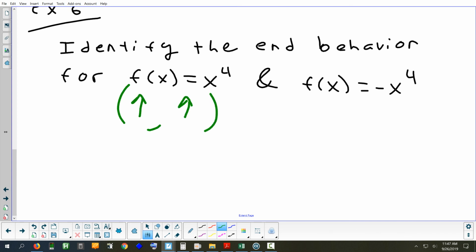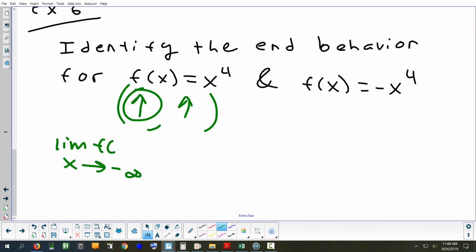How would I write this in limit notation? The limit of what comes next. As x approaches negative infinity. The limit of what value as x approaches negative infinity?